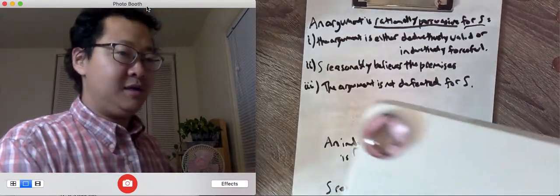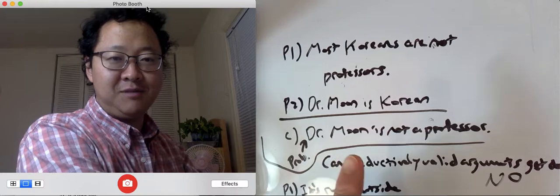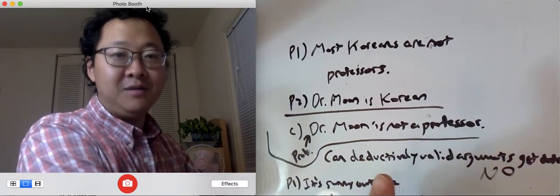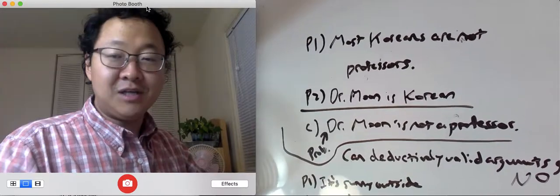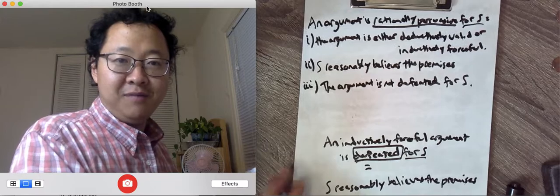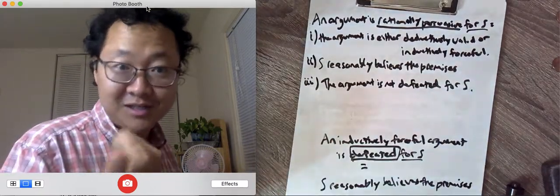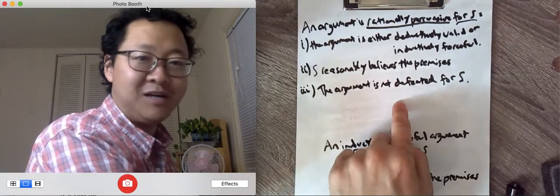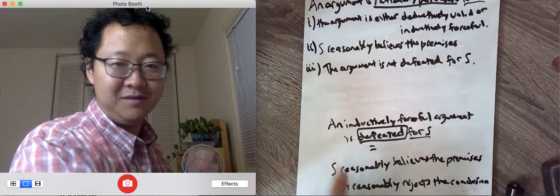Okay, so let's take this argument. Most Koreans are not professors. Dr. Moon is Korean. Therefore, Dr. Moon is not a professor. Now, this argument will not be rationally persuasive because condition 3 is not met for you guys, because for you guys, the argument's defeated. Here's our definition of defeat below here.